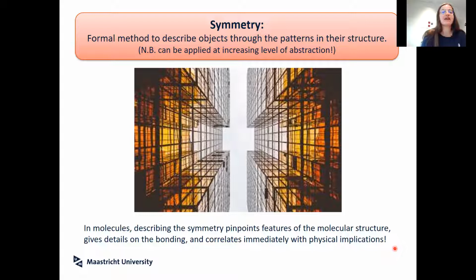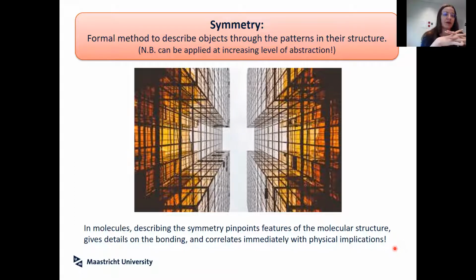So at different levels of abstraction, you can just apply the concept of, is this symmetric or non-symmetric, based on a series of rules. Now in molecules, this is applied from the point of view that you are describing the symmetry of the molecules in terms of the features of the molecular structures.